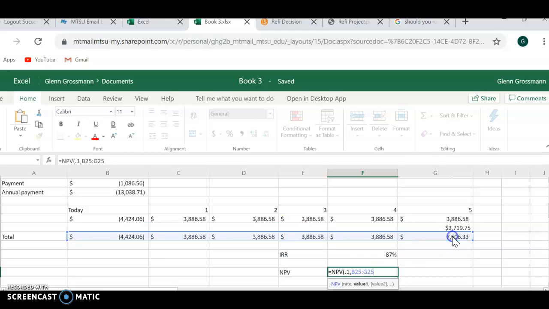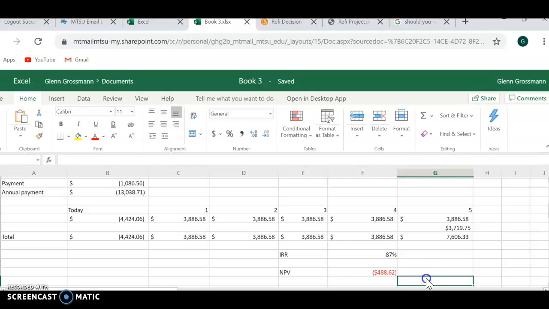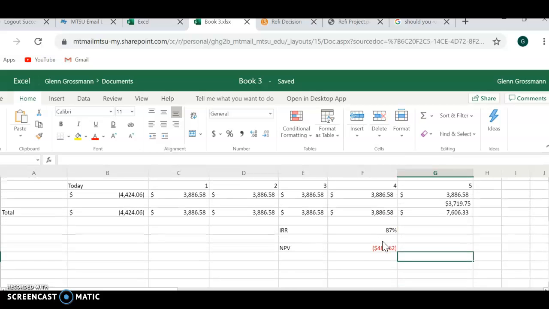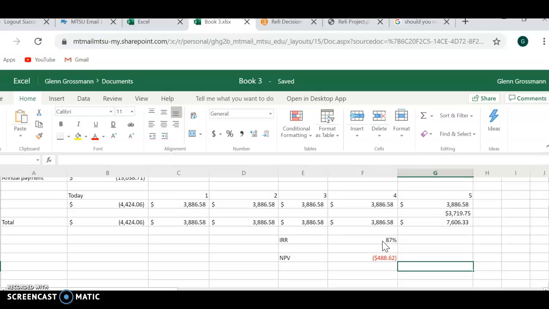Take that and drag it across, and then we'll do plus. And so we find out that that is really negligible and probably not worth much at all, especially to go through the hassle of doing all this if you know after you refinance you're only going to be there for 3 more years. It just doesn't make sense, and I would not advise it.